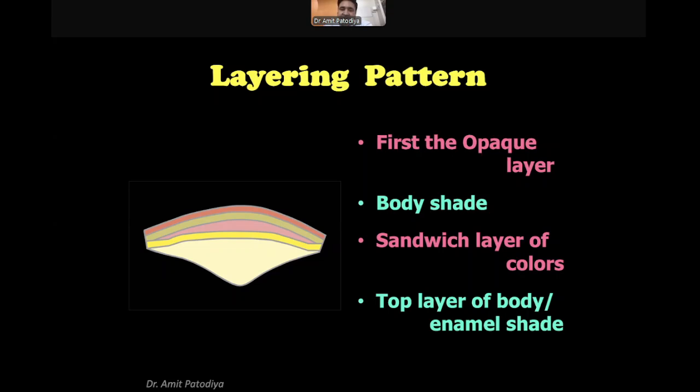Mark my words, you have prepared the tooth in such a way that there is space available to incorporate all these layers. Got it? Because if space is not there and you build up all this, your tooth will become too bulky. And when you start finishing and polishing, you will end up removing the top two layers and reach the opaque layer. And then the problem comes. What happened to the shade?